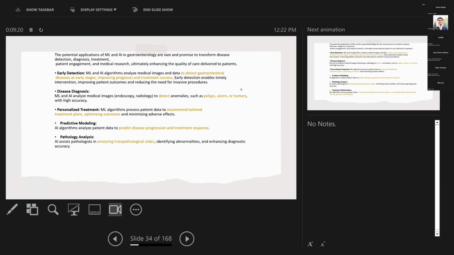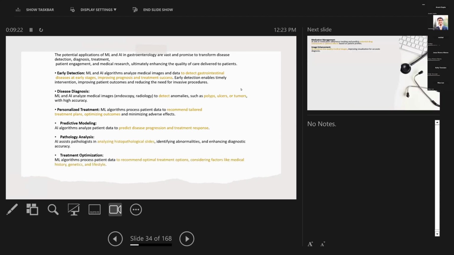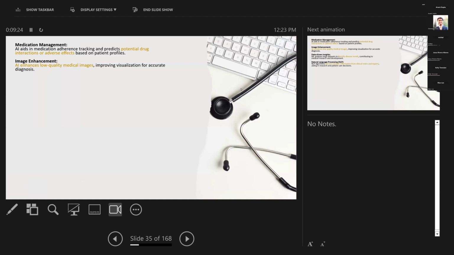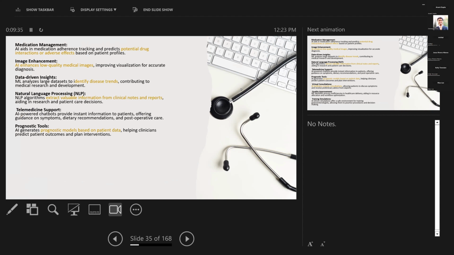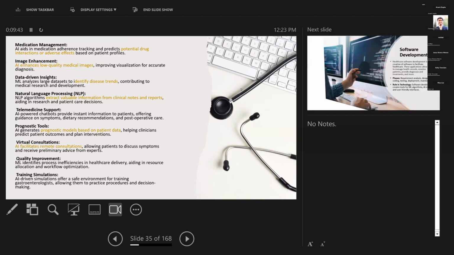It can be used in pathology analysis, treatment optimization, medication management, enhancing low quality medical images, and natural language processing, where we want to extract valuable information from clinical notes and reports. Also telemedicine, with chatbots. ChatGPT is also a chatbot that we can use for medical data, prognosis, virtual consultations, quality improvement, and AI-driven artificial simulations.